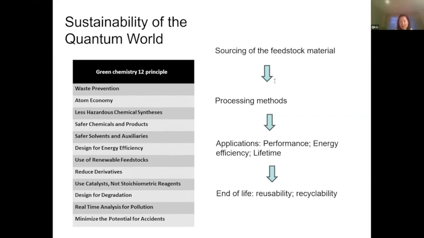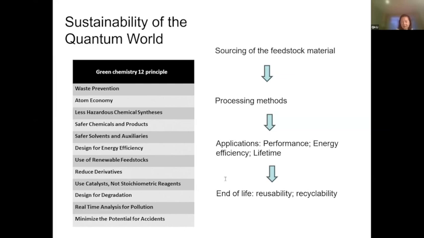One is the sourcing of the feedstock components, and second is processing methods, whether it's efficient, whether it's producing derivatives. And the third is applications, its performance, its energy and its lifetime.